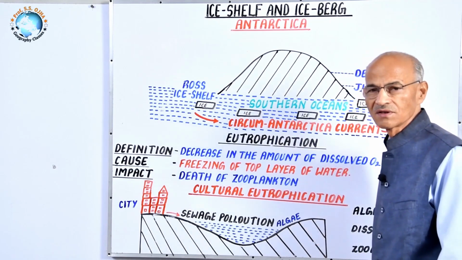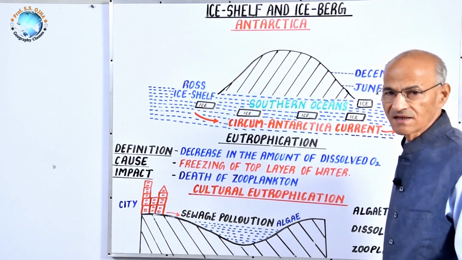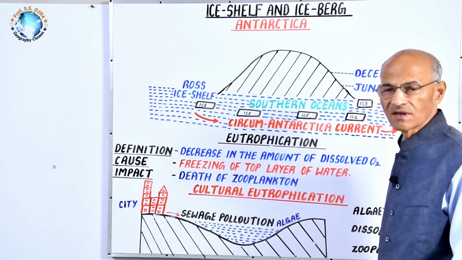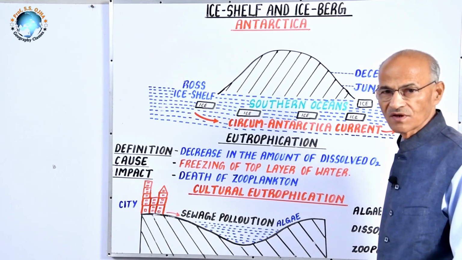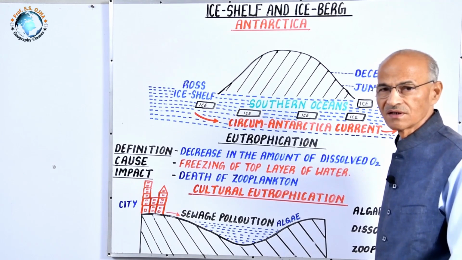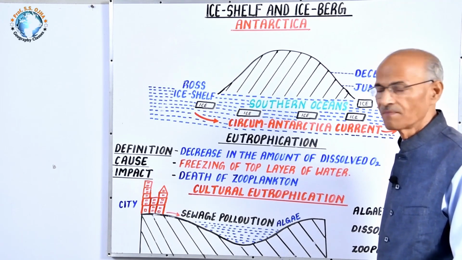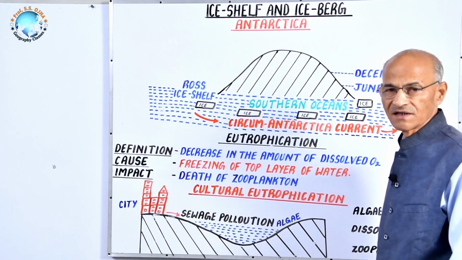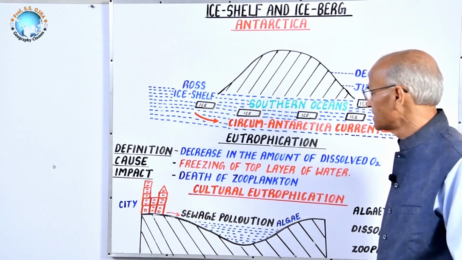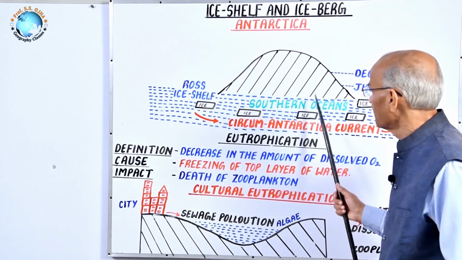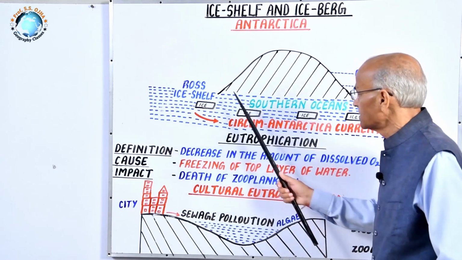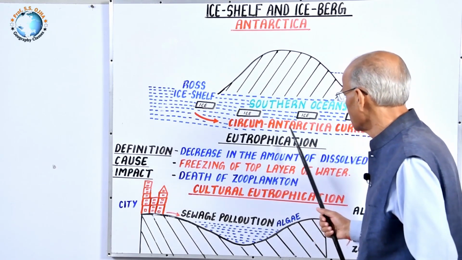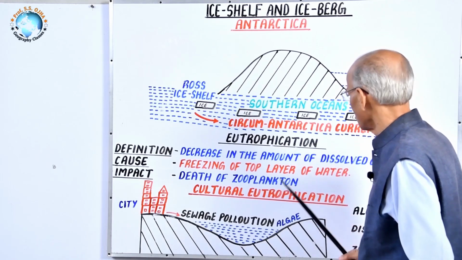Means during summer and winter, the ice line, as over the Himalayas and other snow-covered mountains, shifts, goes up and down. In the same way, here also the ice line recedes and progresses. This is about the Antarctica ice shelf and icebergs which float.